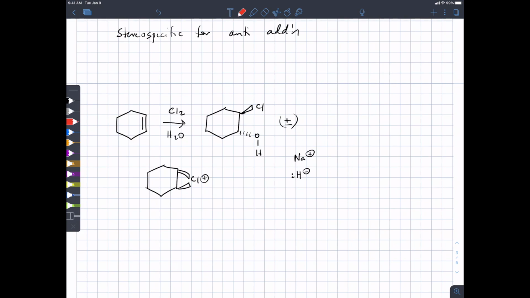So you can think of sodium hydride as, ironically, unexpectedly, a very, very sterically hindered base. It won't act as a nucleophile. It will remove the most acidic proton in the molecule, which is the one on the oxygen.